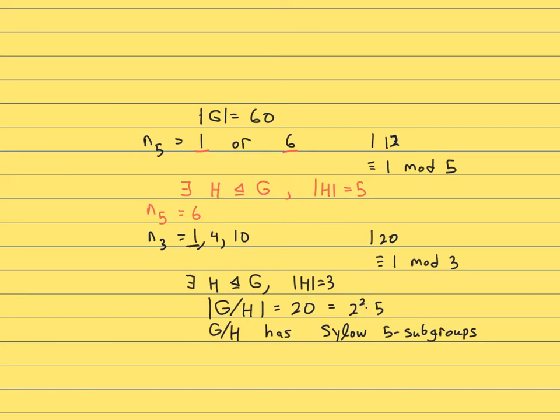Wait, hold on, let me think about that carefully. This is that one case where if you look at nq and you ask, is it equal to p squared, do you actually get 4? Well, it turns out this is that case where that can't happen. Because remember, when we did that calculation, it turned out that the only way that ever happened is if p was 2 and q was 3, and we're not in that case. So not only does it have a Sylow 5 subgroup, but that Sylow 5 subgroup is normal.